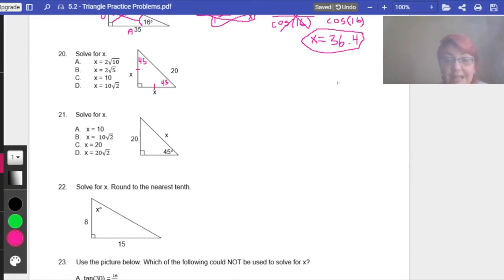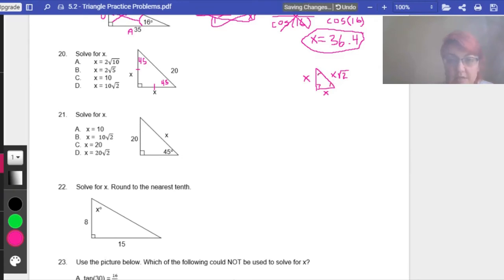Now, in a 45, 45, 90 triangle, your side ratios are x, x, and x times the square root of 2, where this is your right angle and these are your 45-degree angles.